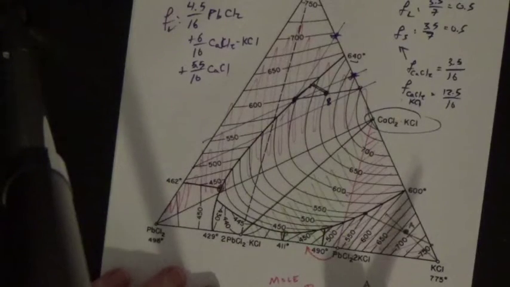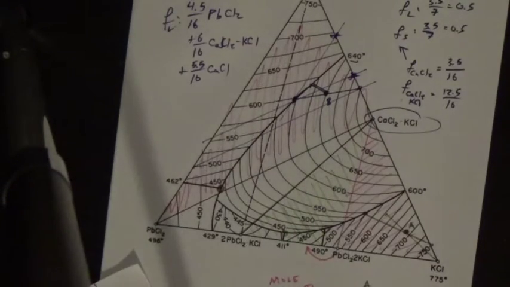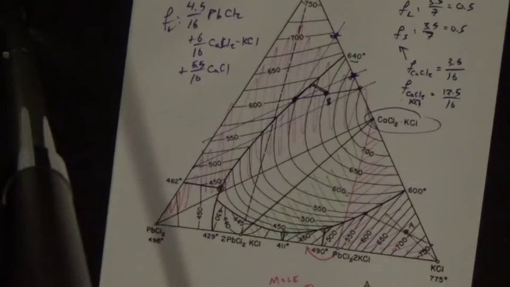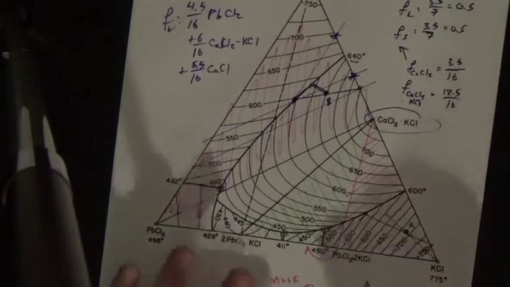Okay. Another example, if we wanted to, or you know what? Let's skip to another diagram. This one we've already done quite a few of the compositions. So let's pick one of the other diagrams from last time.